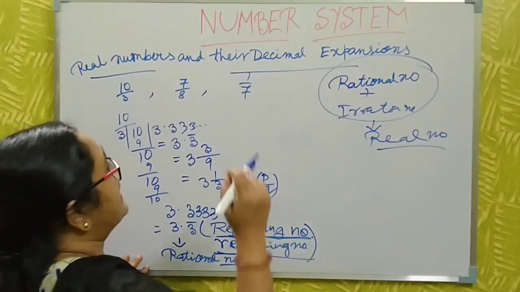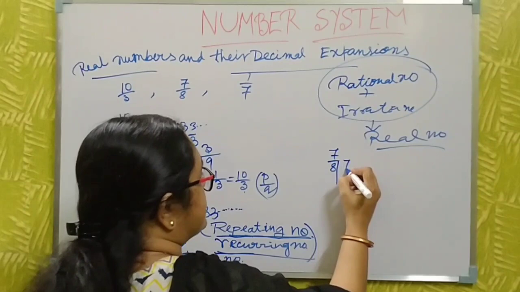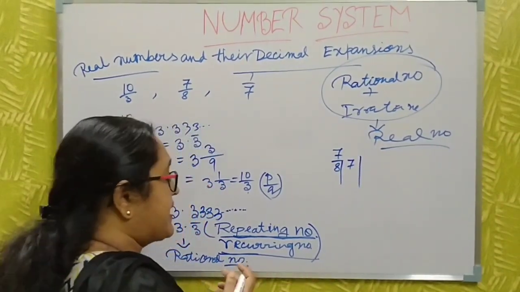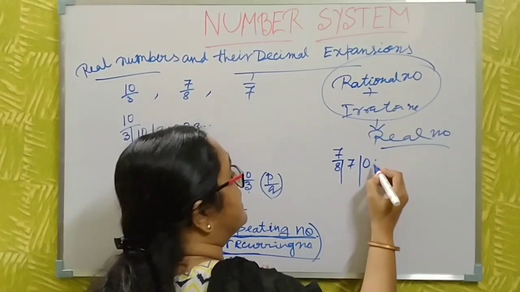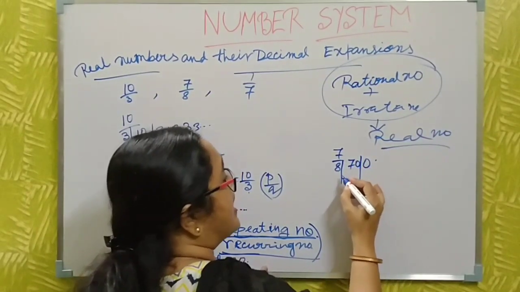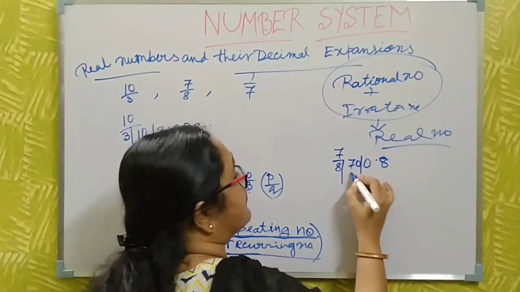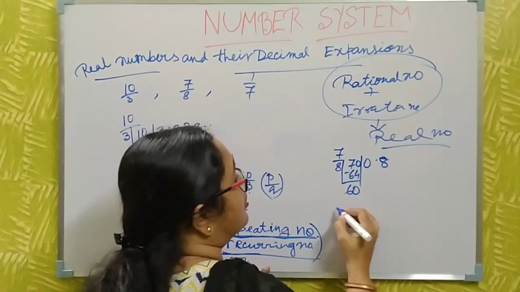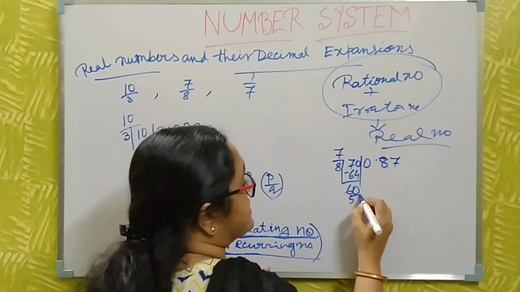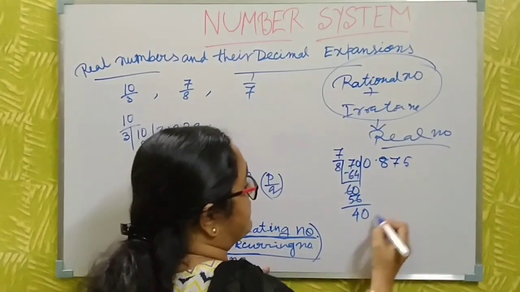Now I divide 7 by 8. What is this? 7 by 8. It's not divisible, so you put 0 here. 8 eights are 64 and 6, again 0, 56, 4, 0, 5.